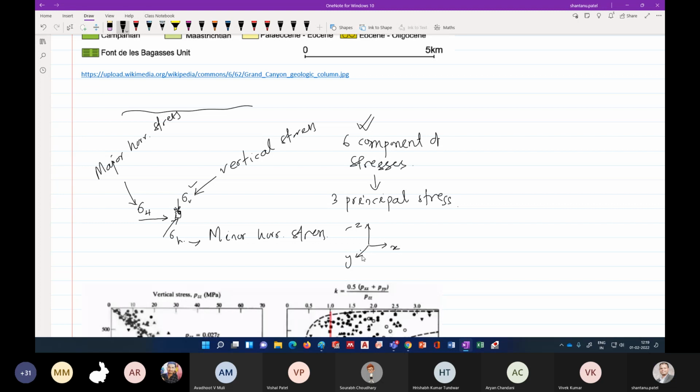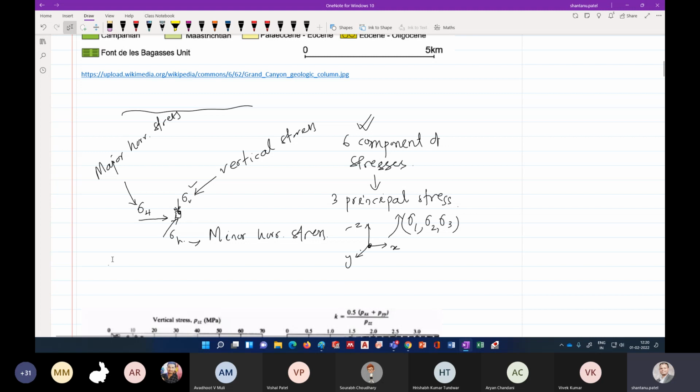So the stresses at any point can be resolved into 3 principal stresses. We call them sigma 1, sigma 2, and sigma 3.